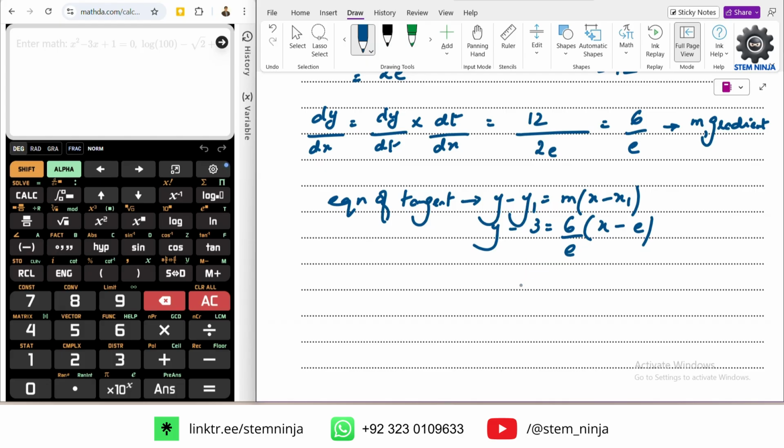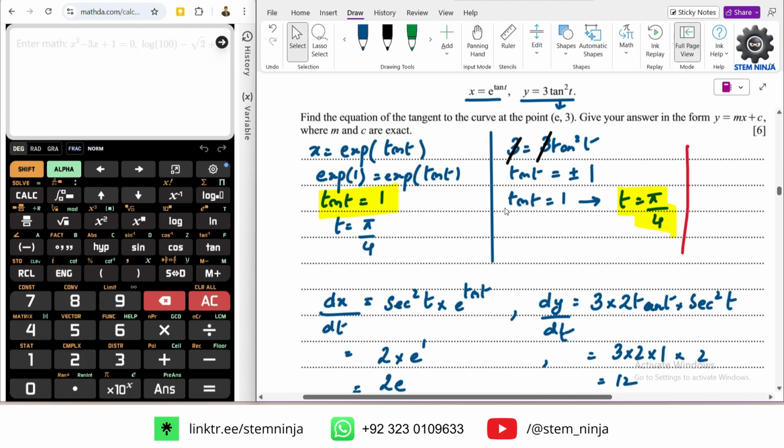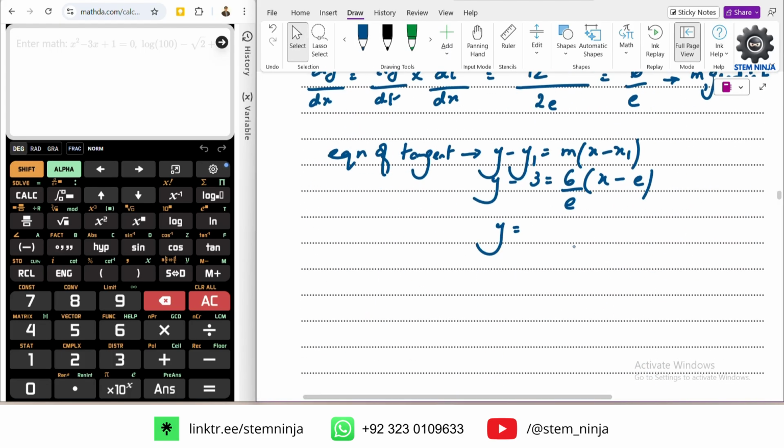Right? So you have... actually no, sorry, we can keep it like this because we need it in the form y equals mx plus c, right? Yeah, right, okay. So you have 6 over e x minus 6 over e times e is just 6, plus 3.